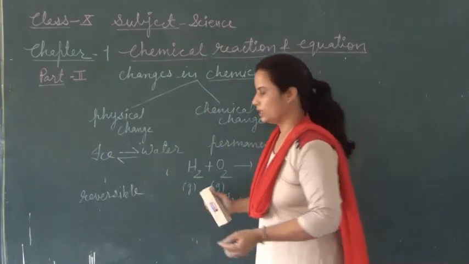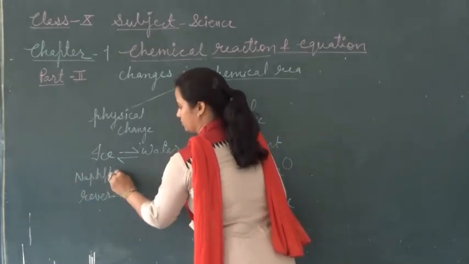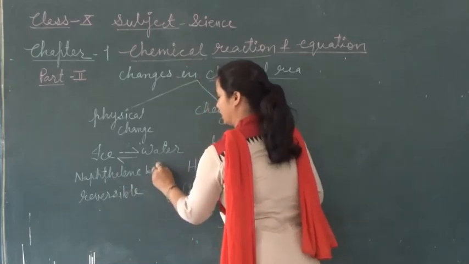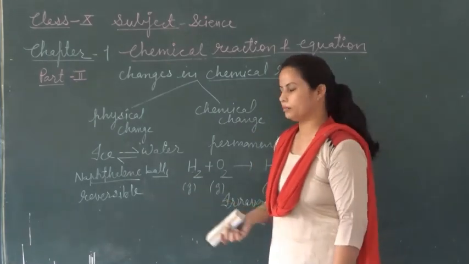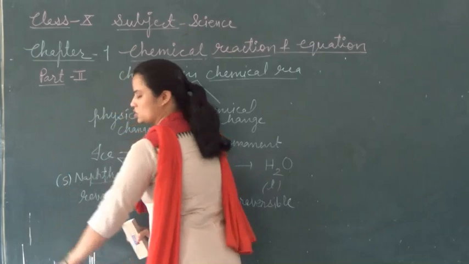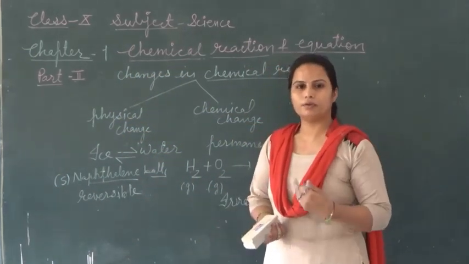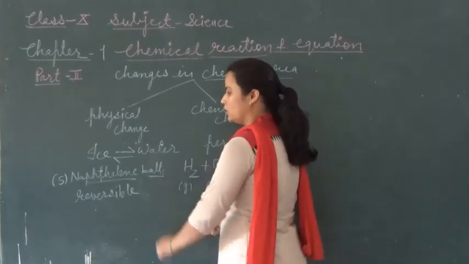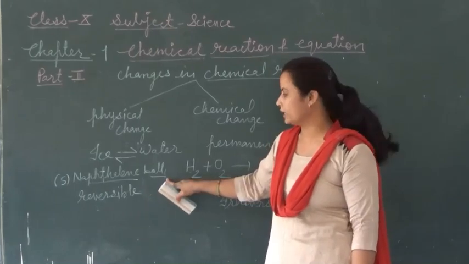Another example is naphthalene balls. When we store woolen clothes, we keep naphthalene balls. Naphthalene balls are generally found in solid form, and after some time, after a week, 15 days, a month or a year, we observe that there is no residue of the naphthalene balls left. We only get the smell.